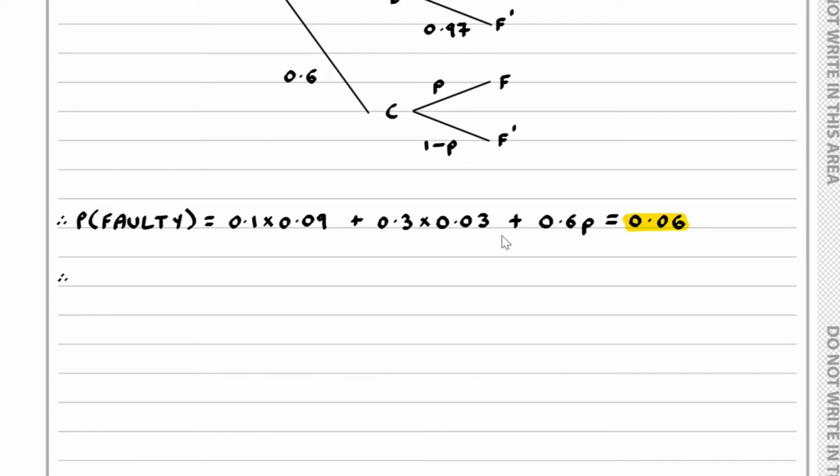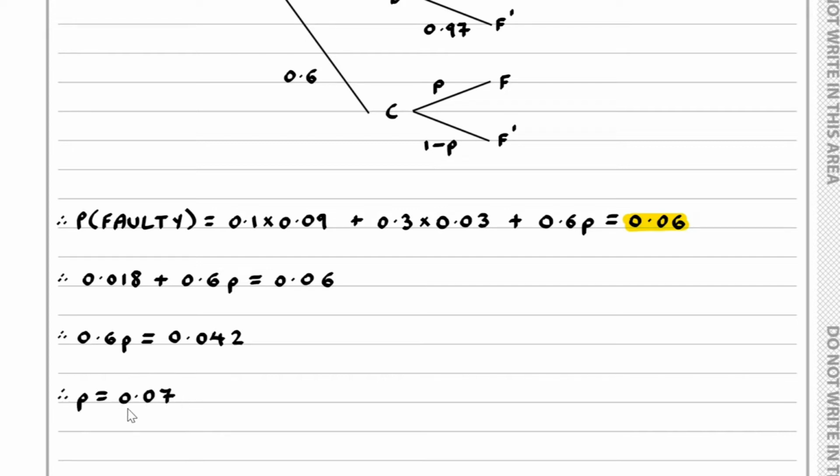So we have 0.018 + 0.6P = 0.06. 0.6P is equal to 0.042. P is equal to 0.07.